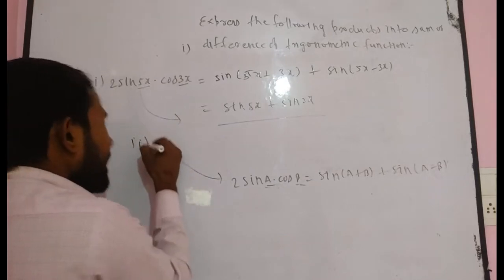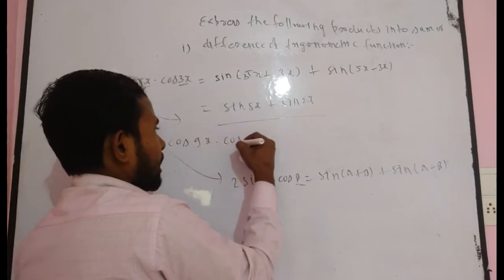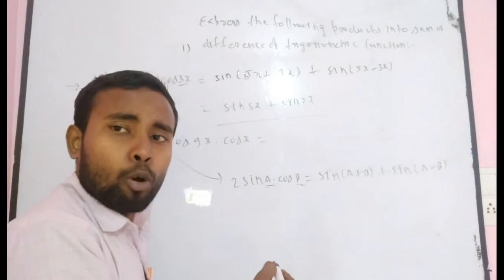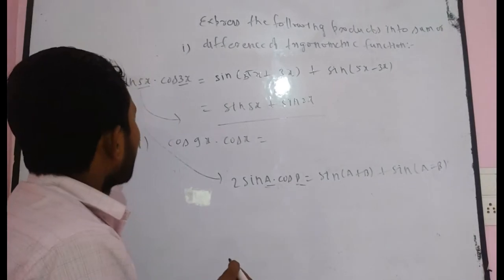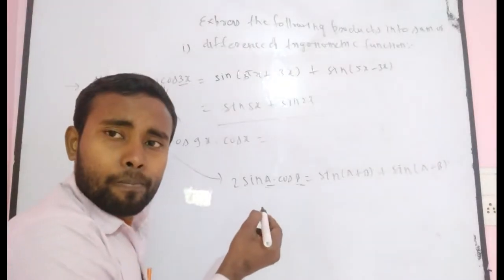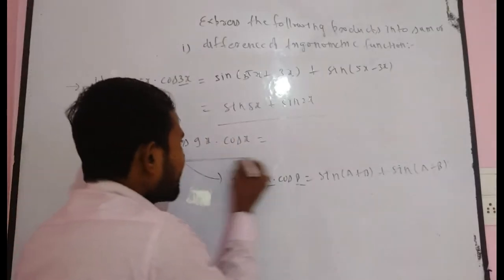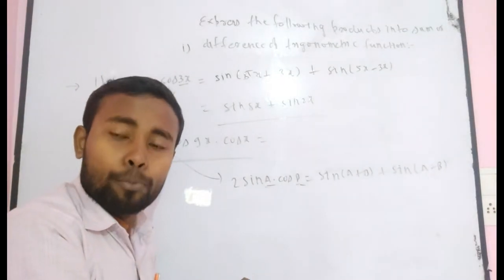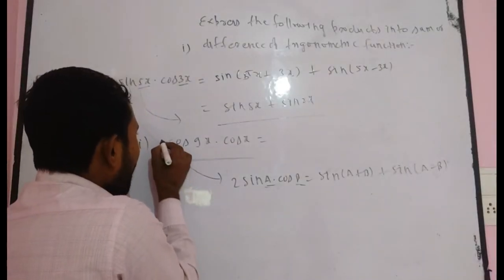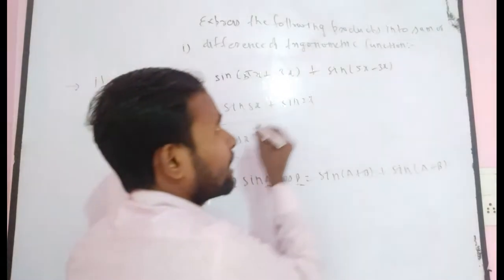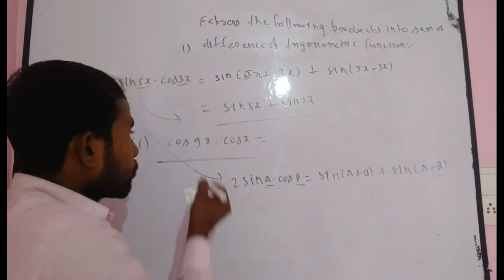Now we write the second problem, cos 9x into cos x. How can you convert it into a sum of trigonometric functions? As you know, for any trigonometric formula in terms of a product of two trigonometric functions, there should definitely be a 2 in front. After that you can convert it into a sum or difference of trigonometric functions.